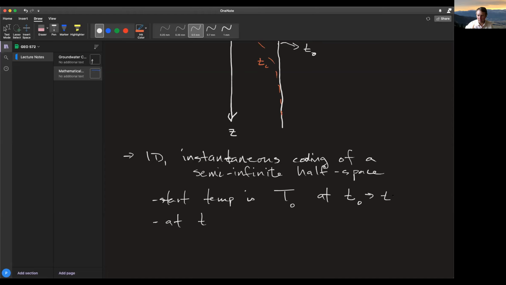And T naught is T equal to 0, all right? At T equal to 0, at this initial time, and Z equal to 0, all right? So the top of my domain, my temperature goes to T surface, all right?